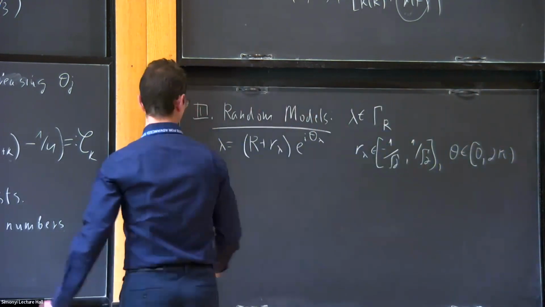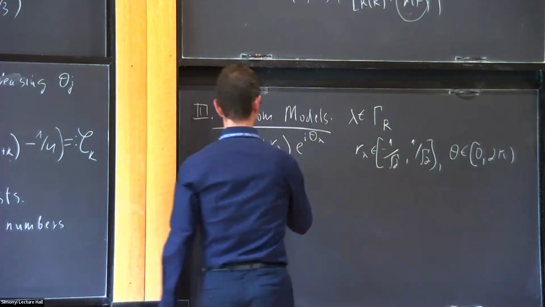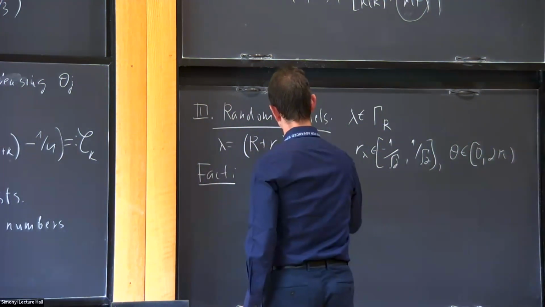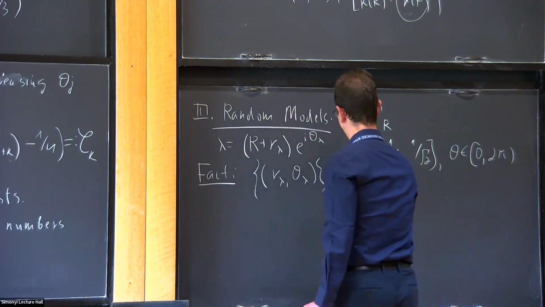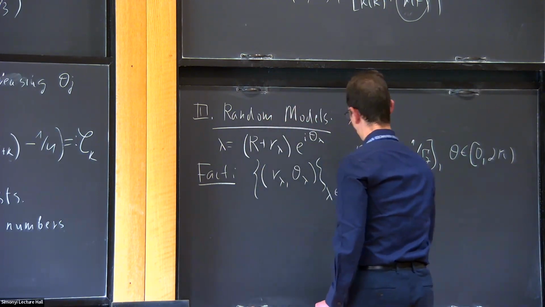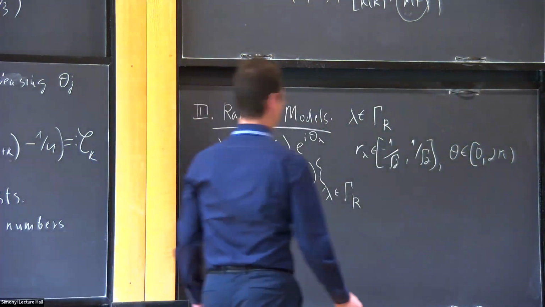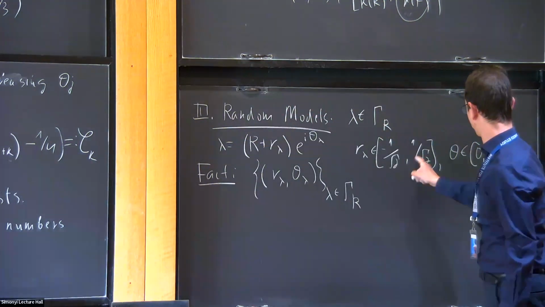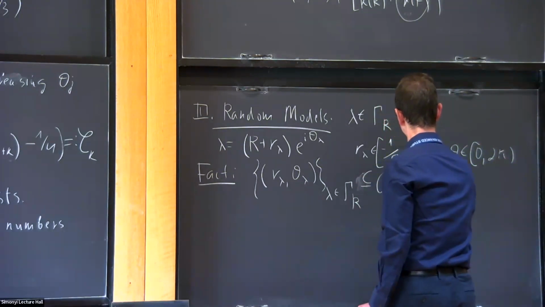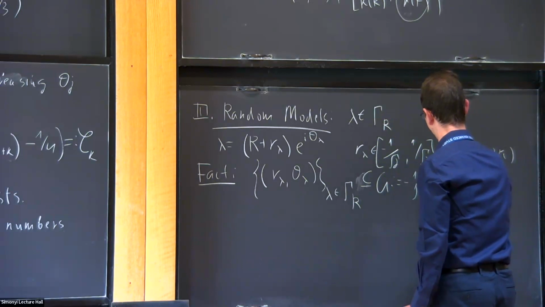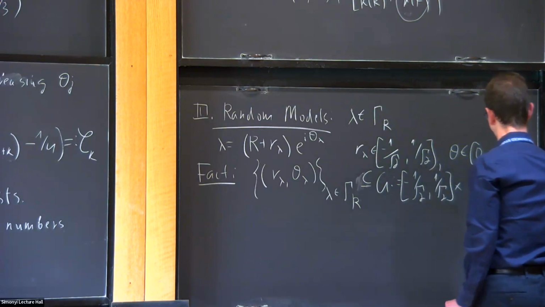And we have the following fact. Let's consider all the tuples r_lambda and theta_lambda as lambda varies inside gamma R. These are some tuples inside the Cartesian product of these two intervals: by definition, -1 over square root of 2 to 1 over square root of 2, Cartesian product 0 to pi.